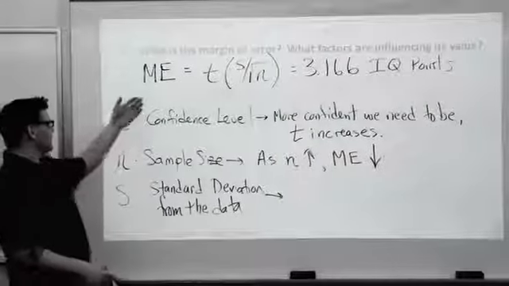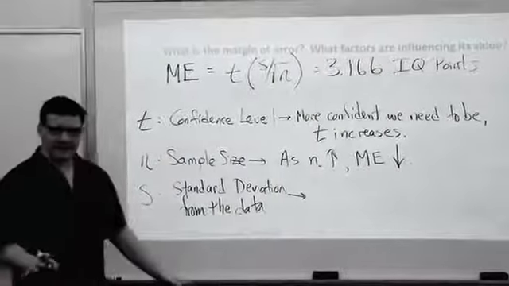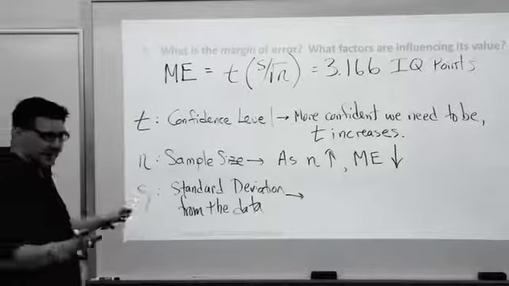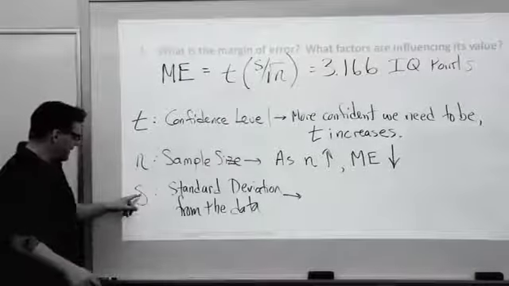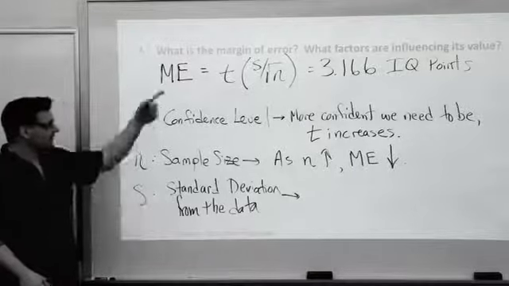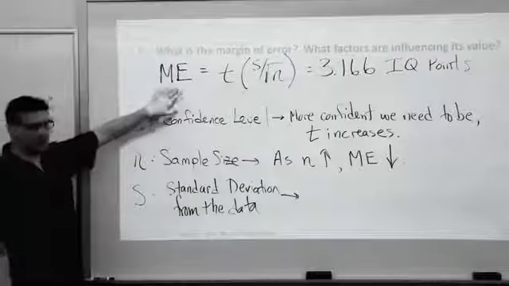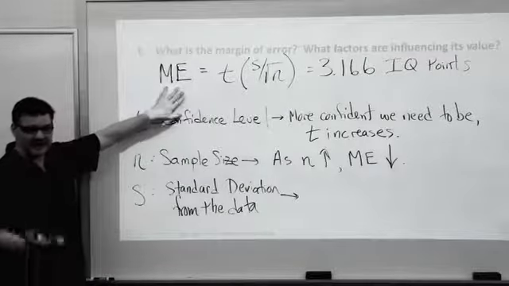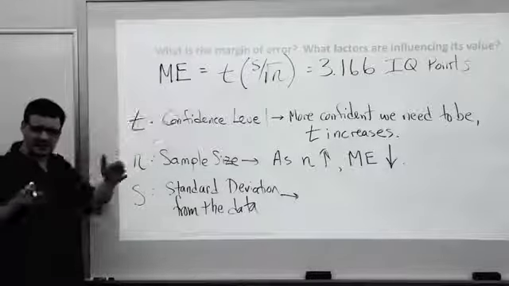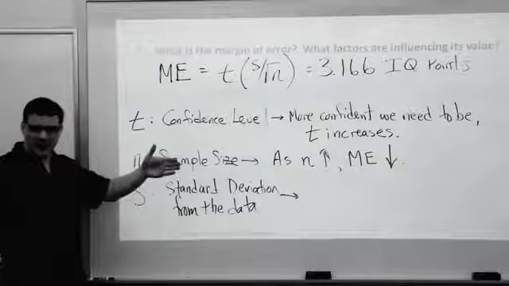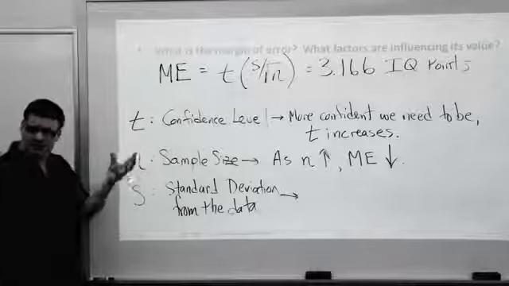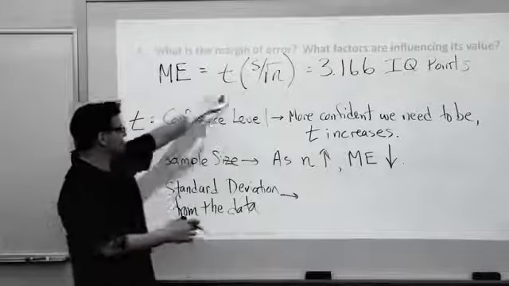Well, if I want to get margin of error down, I just need to decrease S. I can't change the data. If there's lots of variation in my data, then S will be big, and our margin of error will be big. That makes sense. If you have lots of variation in a data set, shouldn't my confidence interval be wider because I'm less sure about the true values? So I can't change this one.